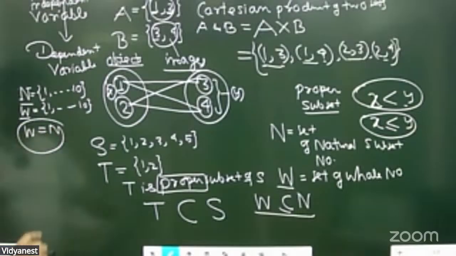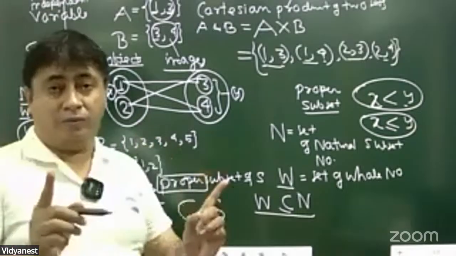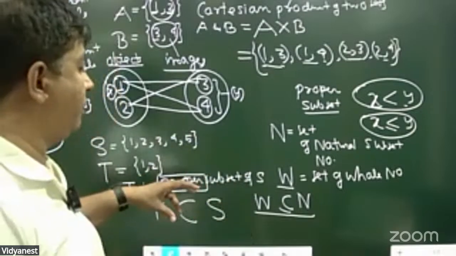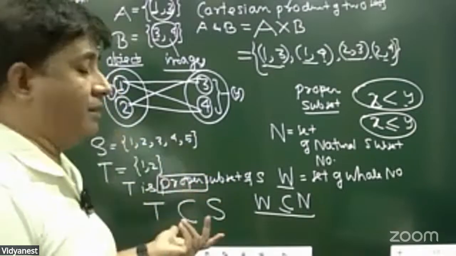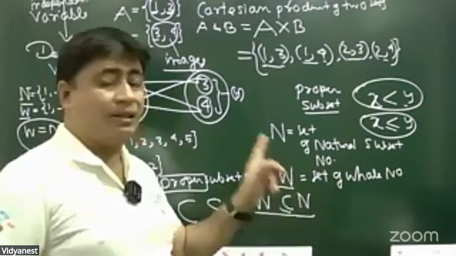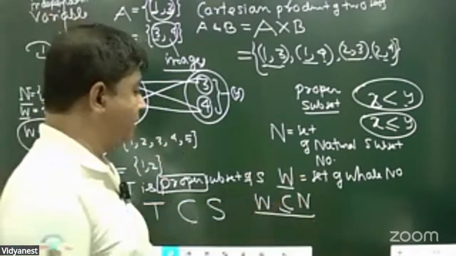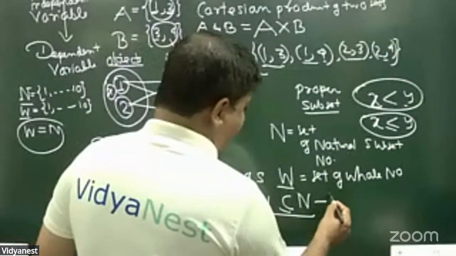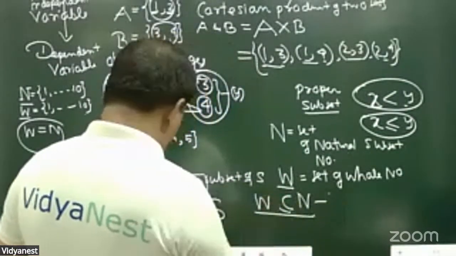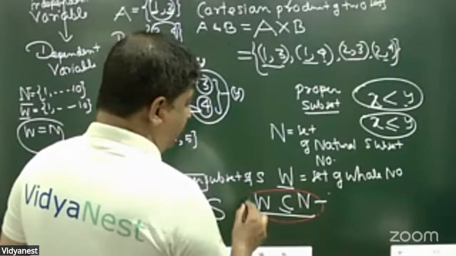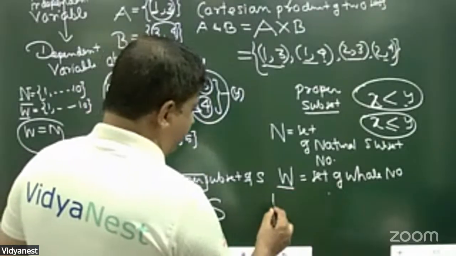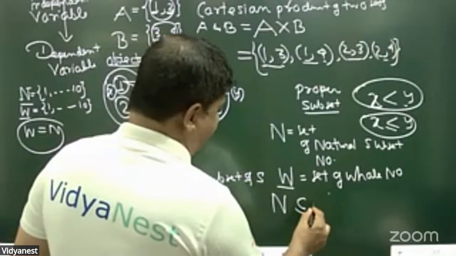They differ only by 0. Whole number has one more element, that is 0, which natural number doesn't have. So I can say this is a proper subset. Whole number is bigger than natural number.